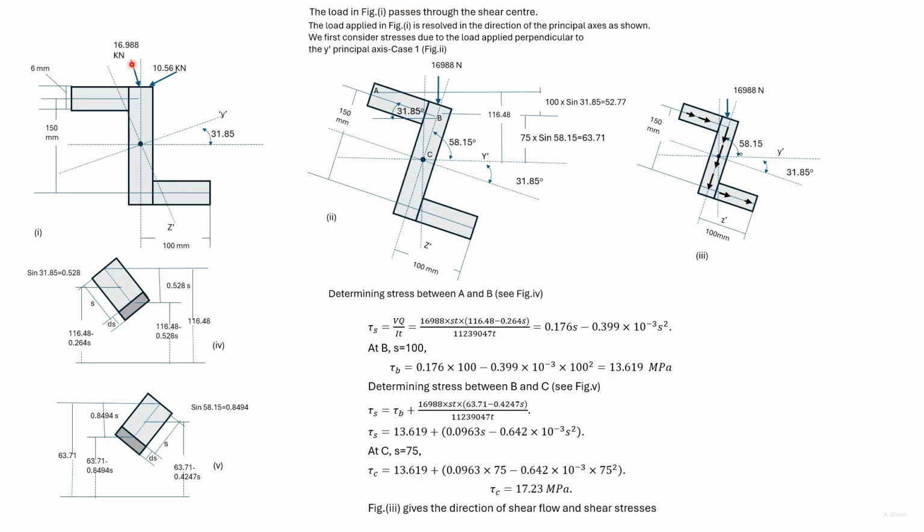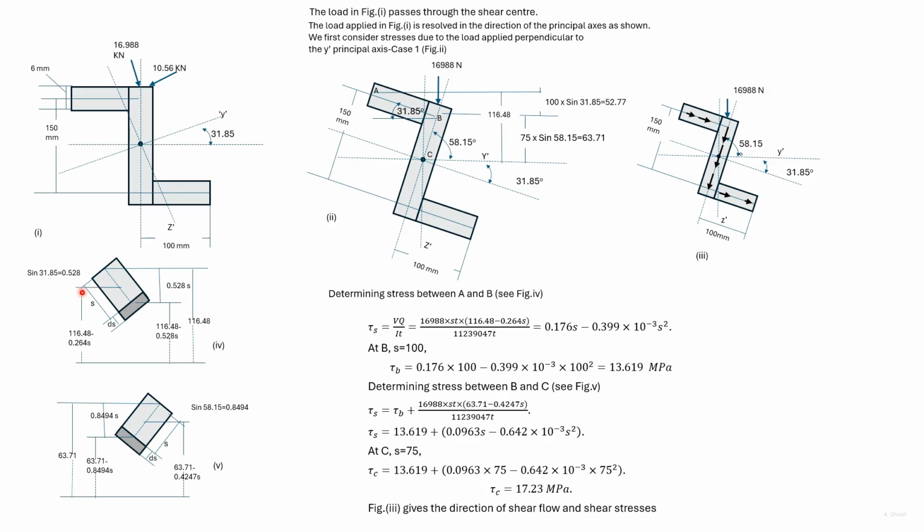First, we deal with this force. So if this is the internal force, then this will be the direction of the shear flow. We'll find out the stresses from A to B and B to C. To find out the stresses from A to B, we consider a portion from the free edge as earlier.